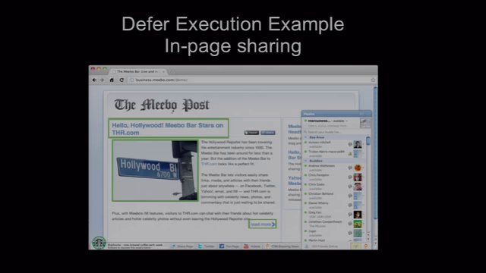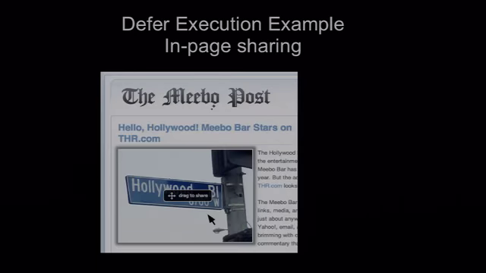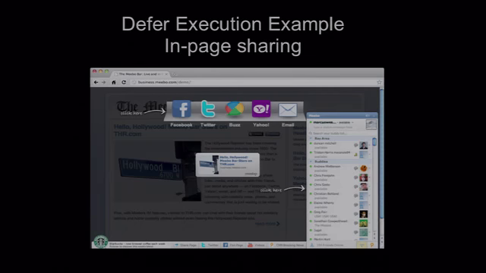And then when the user starts interacting with this page, for example, hovering over that image, Meebo displays a drop shadow around that image to indicate to the user, this guy is shareable by drag and drop. When the user then does a mouse down and starts dragging, we display the sharing UI, where the user can then share that piece of content, the image in this case, to any of their social networks or anybody in the buddy list.